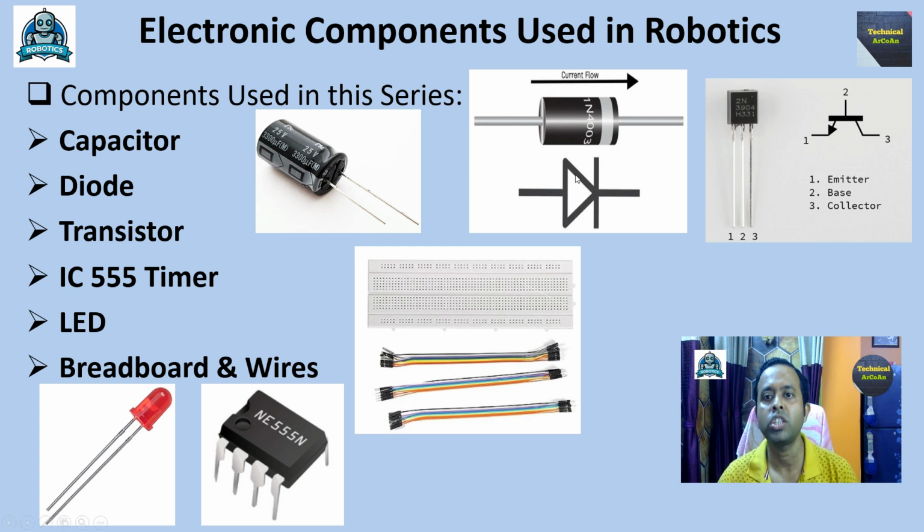Okay, this is the image of the diode, where the current flows in only one direction, and this is the picture of a transistor, which is used like a switch or amplifier, and this is the picture of the IC 555 timer for time delay or pulse generation, and this is the LED, which is used to glow and dim according to the circuit. This is the breadboard where we build our electronic circuits using these jumper wires, right? So these electronic components are needed when we build the electronic circuits used in robotics, right?